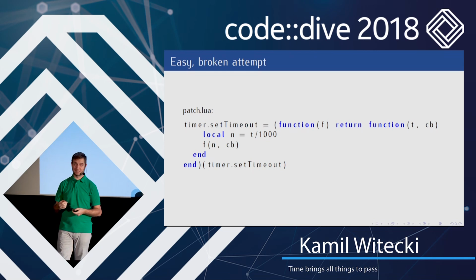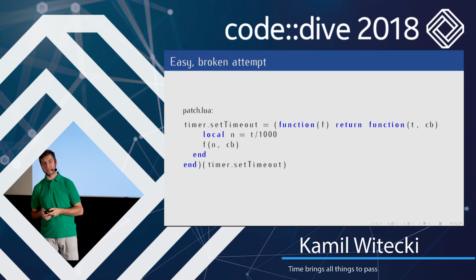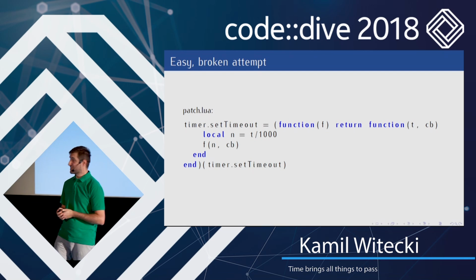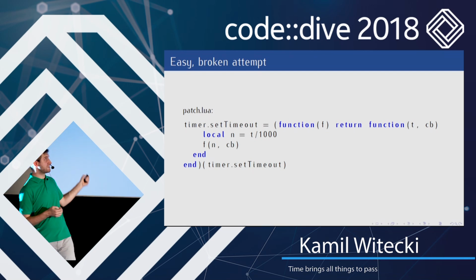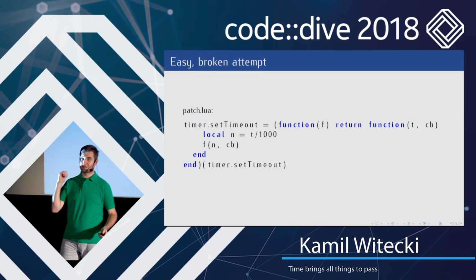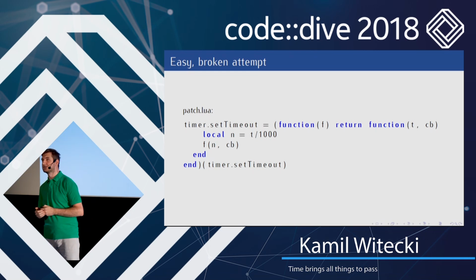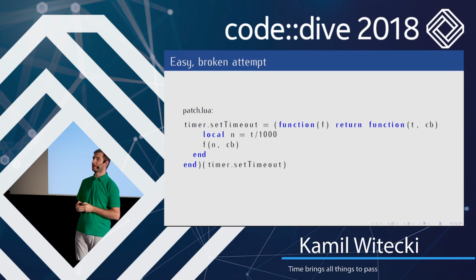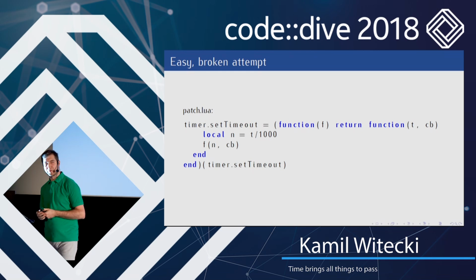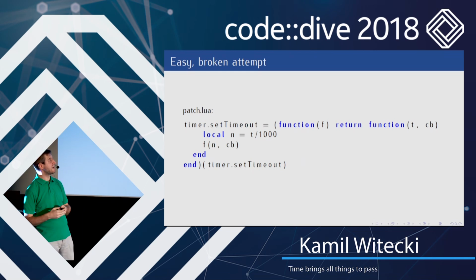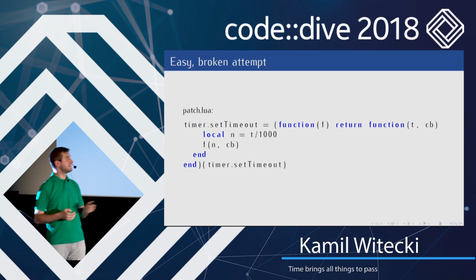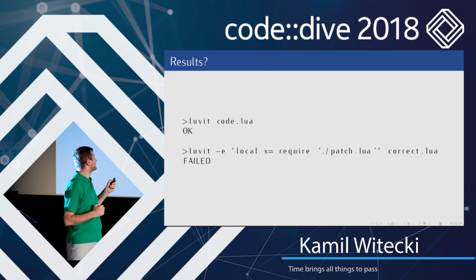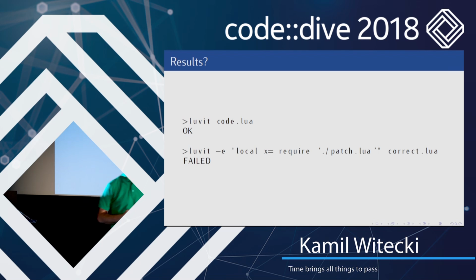Getting the result in 1 millisecond is something that I can settle for. Just a question, how many of you think that this will actually work? If you think that this would work, just raise your hand. Okay, I see no hands, so you probably already tried this kind of stuff and it didn't work for you either. Very well.